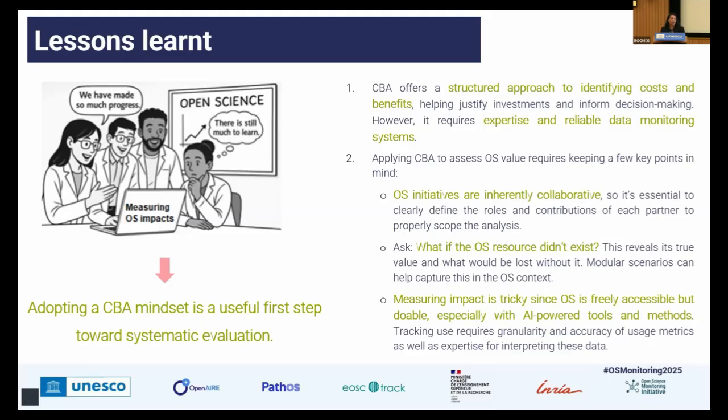The main lesson that we got from this project is to start adopting the CBA mindset. From the provider side, start collecting data that can then be used by experts who apply this methodology and provide the real value of these resources.